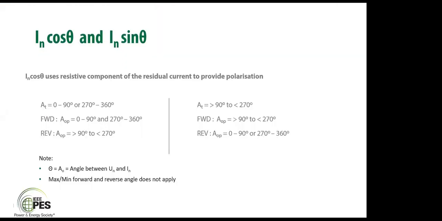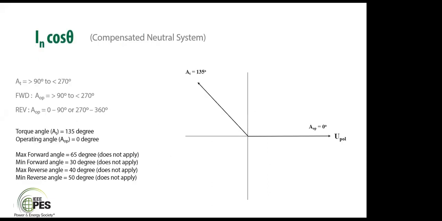I am quickly running through the slides. Once you have the cos theta and sin theta part of this neutral current, it is the same thing happening, but a bit simpler. The conditions are pretty straightforward. Maximum and minimum forward angles don't apply.